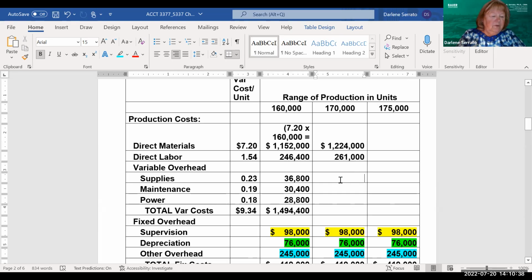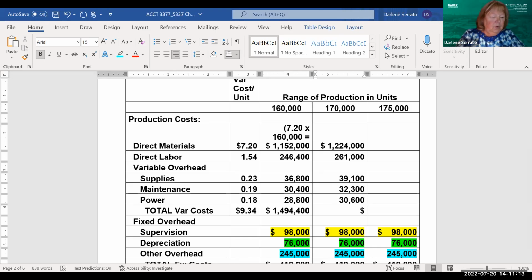Supplies, which is part of variable overhead, will be 39,100. 19 cents times the 170,000 units, 32,300. Power, 18 cents times 170,000 units is going to give us 30,600.